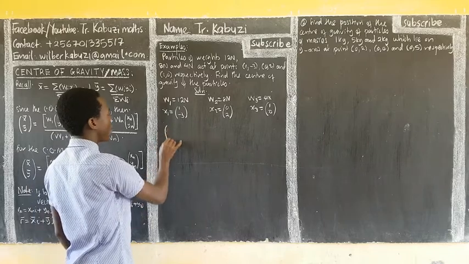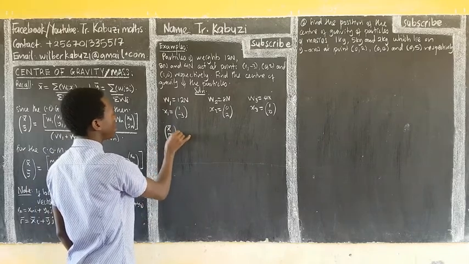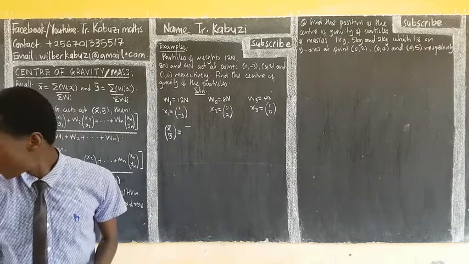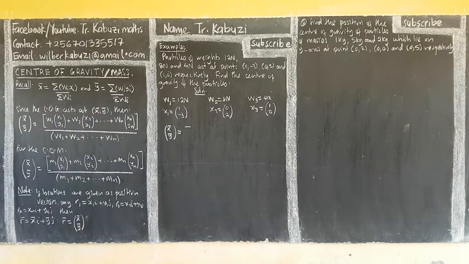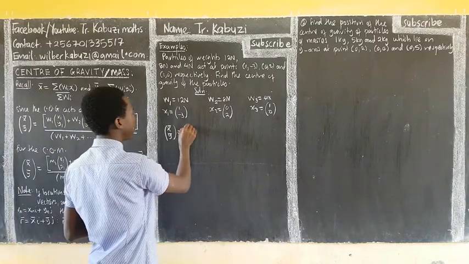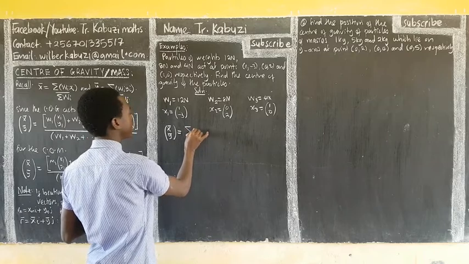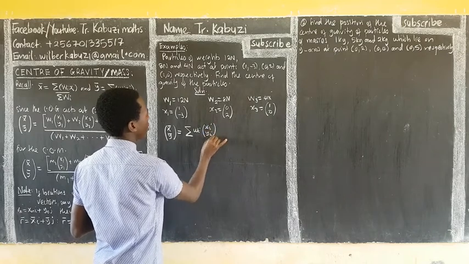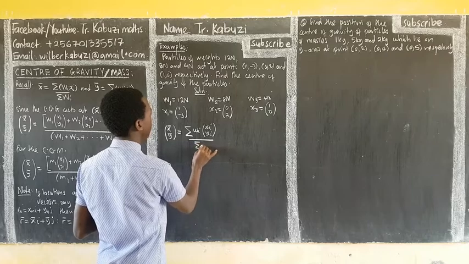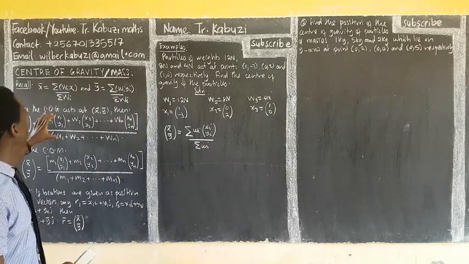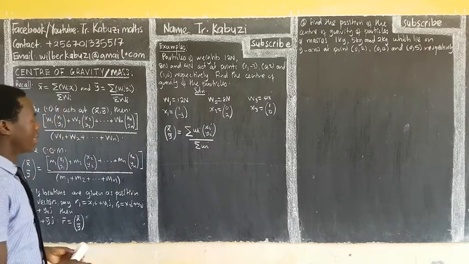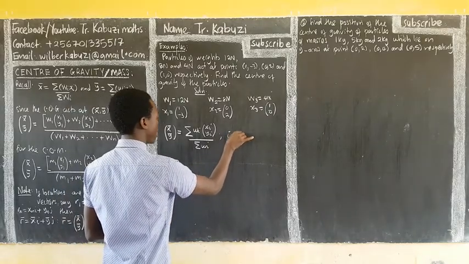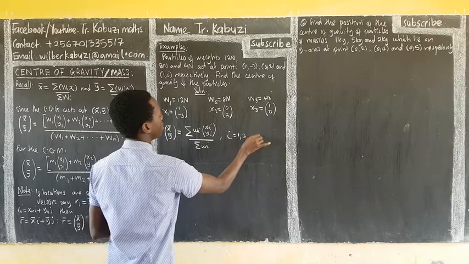We know that our center of gravity, these are the coordinates, is going to be given by the sum of the weight of the particles times the x coordinate, and also the y coordinate, over the sum of these weights. The whole formula can be summarized like that, with i going from 1 up to n.